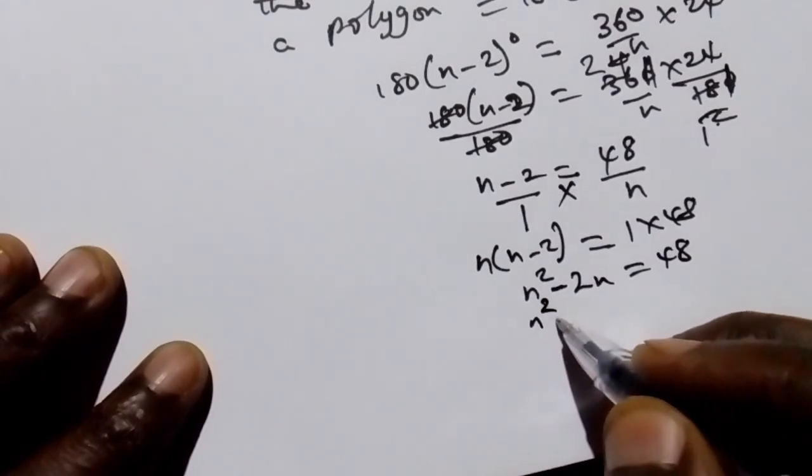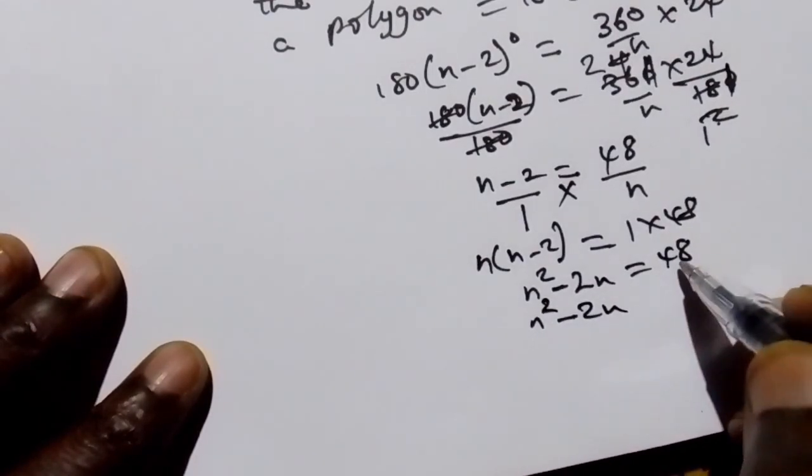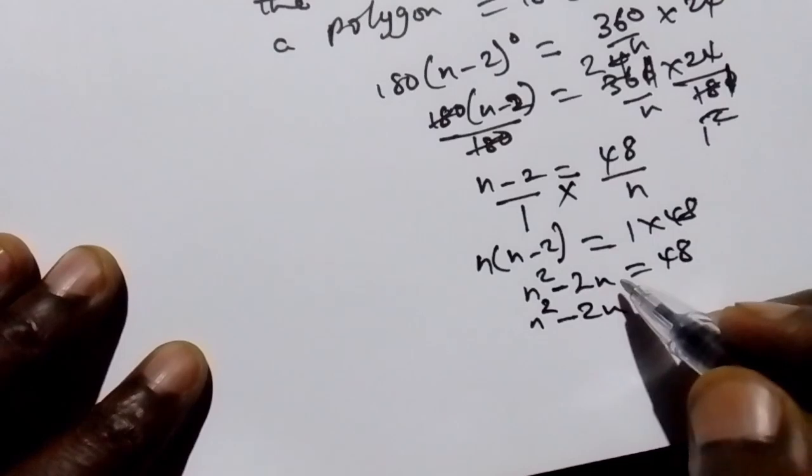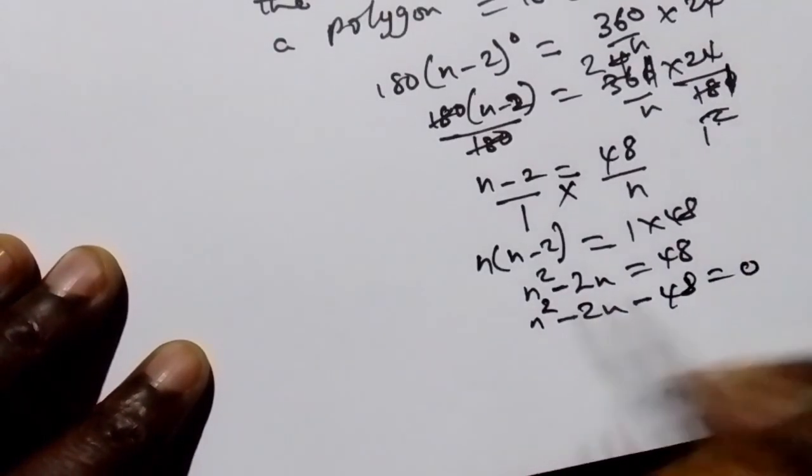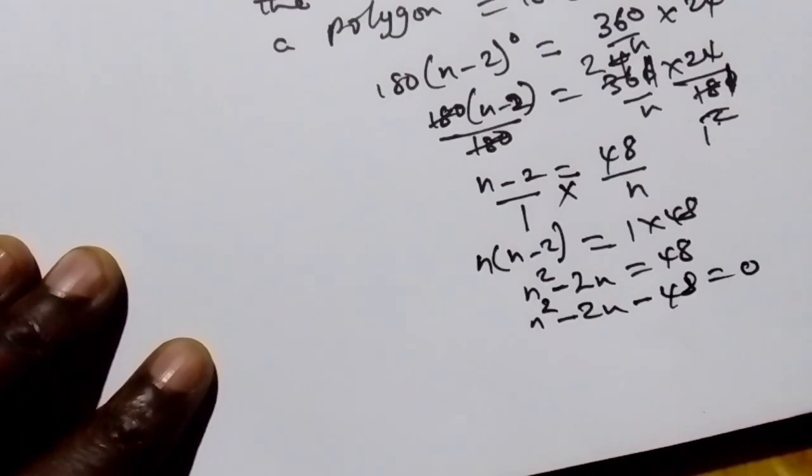We bring 48 to this side, it becomes negative: n squared minus 2n minus 48 is equal to 0.